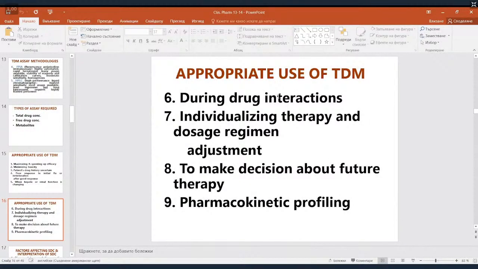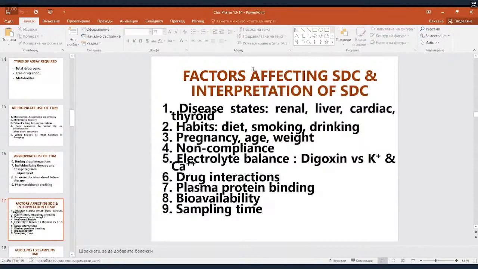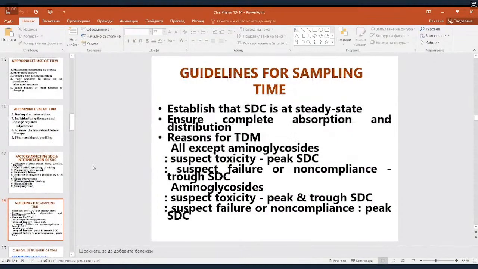And also when we have drug interactions or drug food interactions, we need to do therapeutic drug monitoring. Some factors that can affect serum drug concentration, of course, renal, liver disease, very important, but also cardiac and thyroid disease, pregnancy, non-compliance, electrolyte imbalances, these are important.